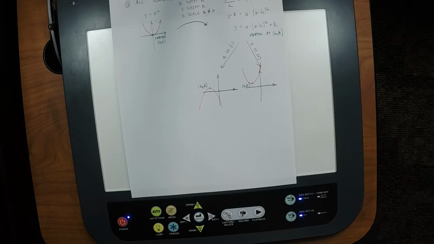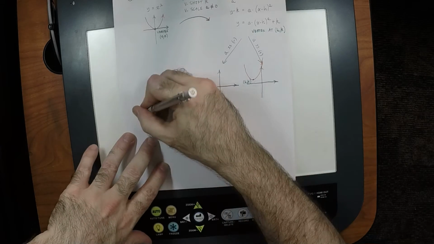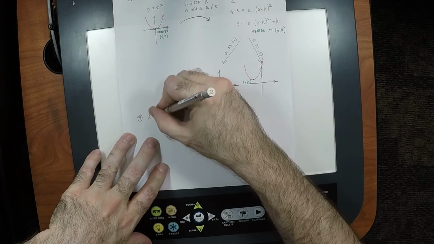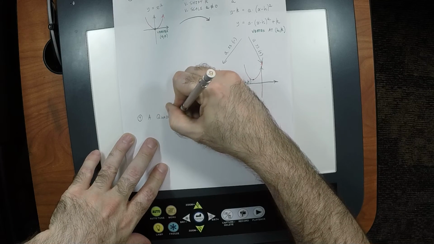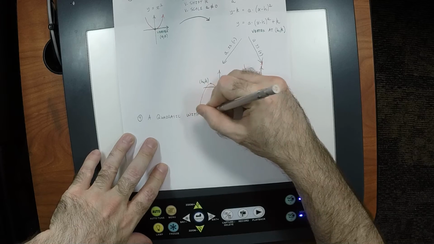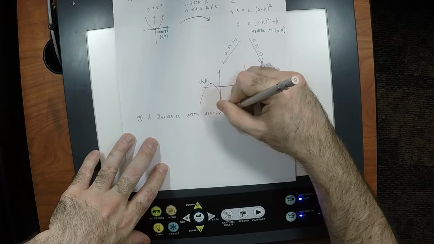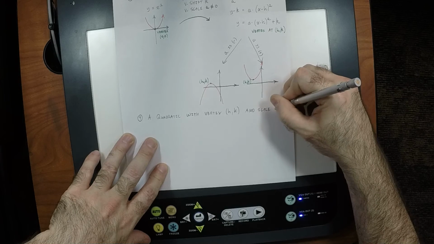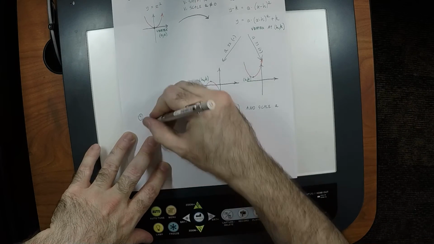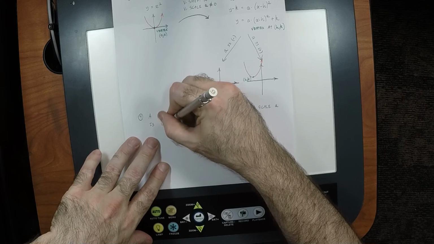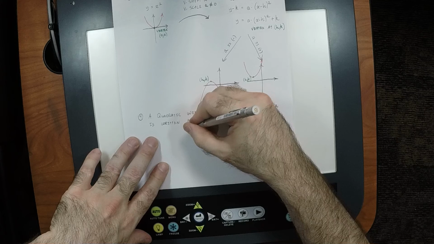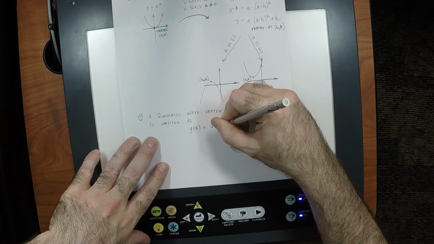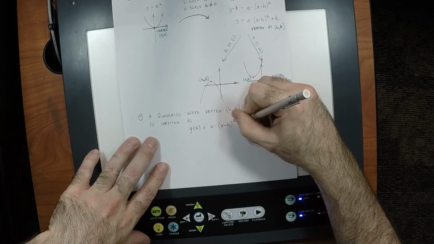All right. So as a result, we now have the following: a parabola or a quadratic with vertex hk and scale A is written as, I'll write G. There's nothing special about that G. A times x minus h, square that, and then add k.